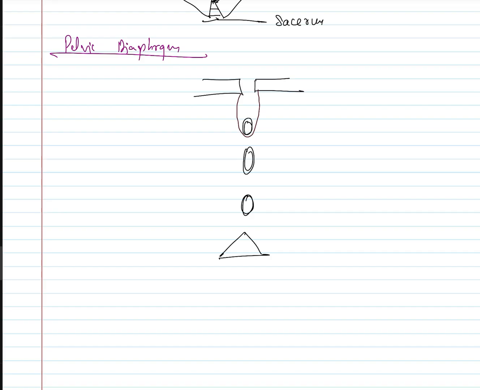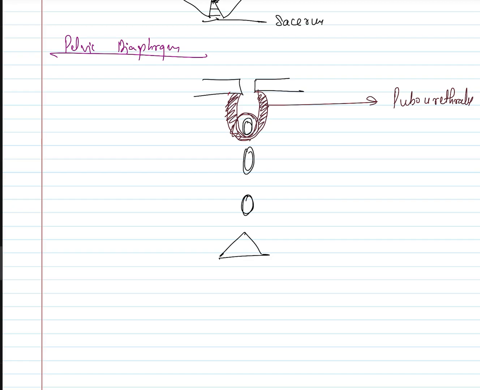Understood? Pubococcygeus's part is pubourethralis, and next is your pubovaginalis.